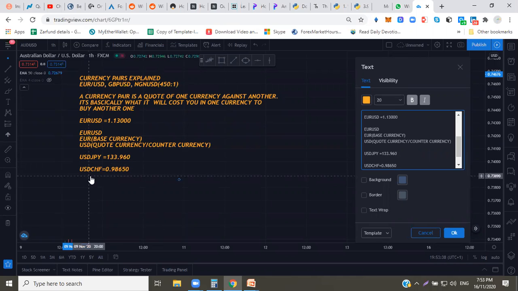What is the base? And what are they called? Do you remember what we talked about? The major currencies. Do you remember that Franc? This one is a major currency.